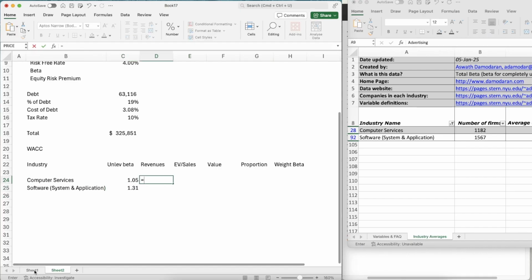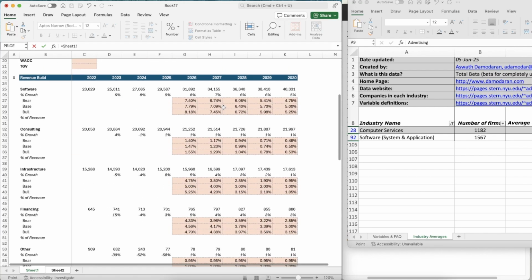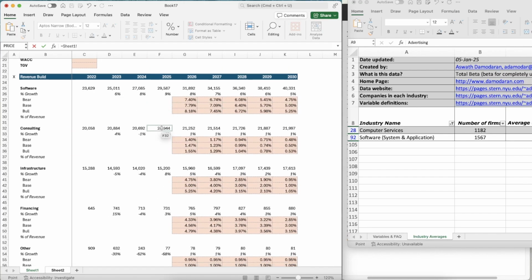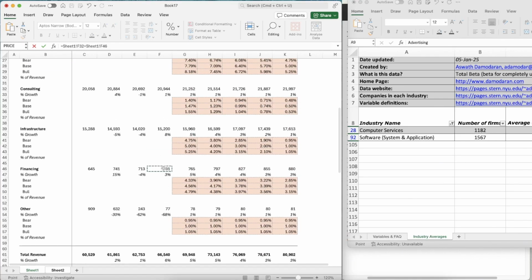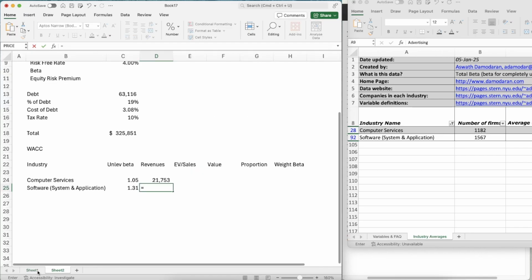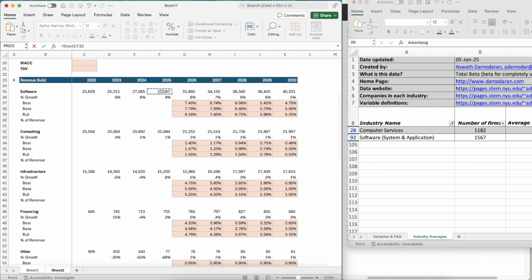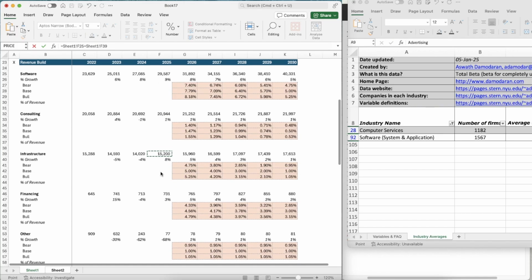Revenues for this one we'll just put as the consulting. Actually, let's do that plus the financing plus other. And revenues for software and system and application, we say software plus infrastructure. That's all of them.